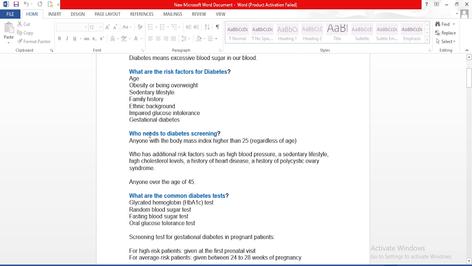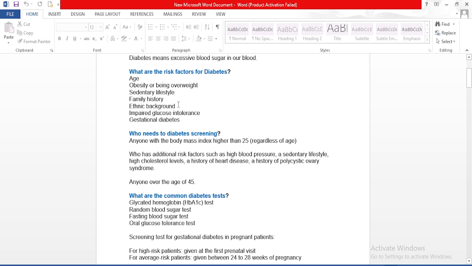Next one, what are the risk factors for diabetes? Meaning, what type of people does diabetes generally occur in? Usually diabetes occurs in aged people. Obesity or being overweight, a sedentary lifestyle, or a family history may lead to diabetes.